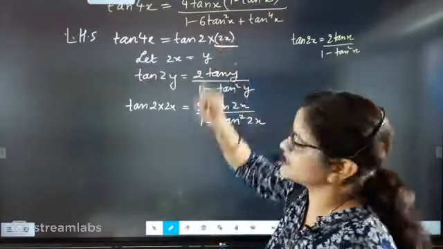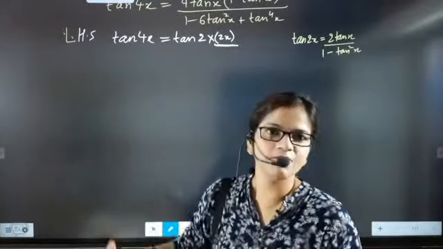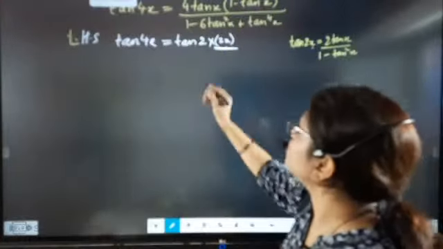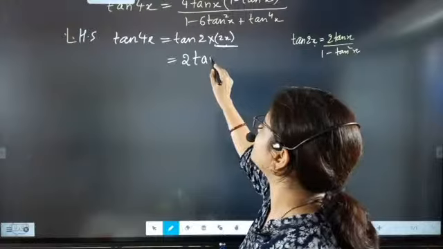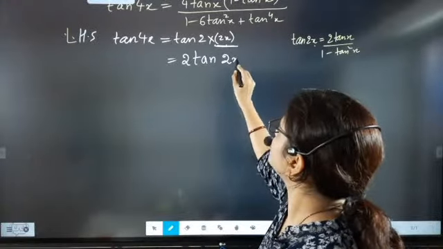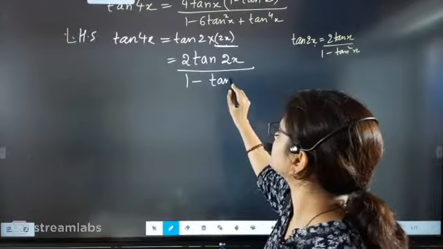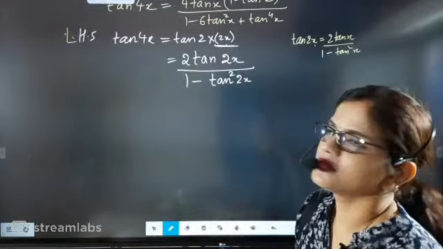Right. So now, if you have confidence, then we will not write these two steps. We can directly implement it. That means instead of x here, 2x is written. Then what will come, beta? This will directly come as 2 tan 2x by 1 minus tan square 2x.